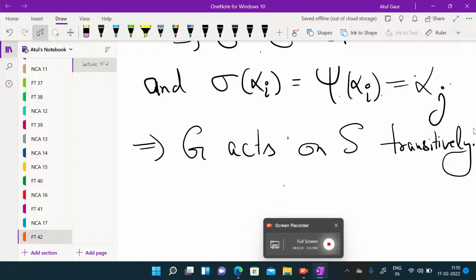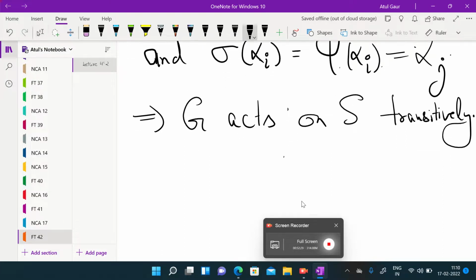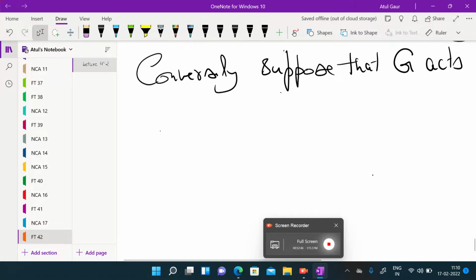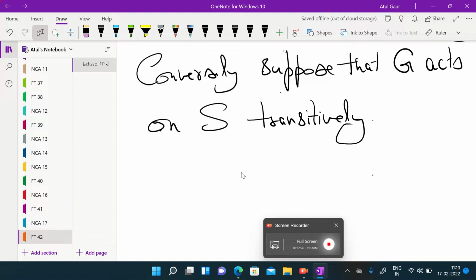Yes, sir. Okay. So conversely, suppose that G acts on S transitively. Okay.